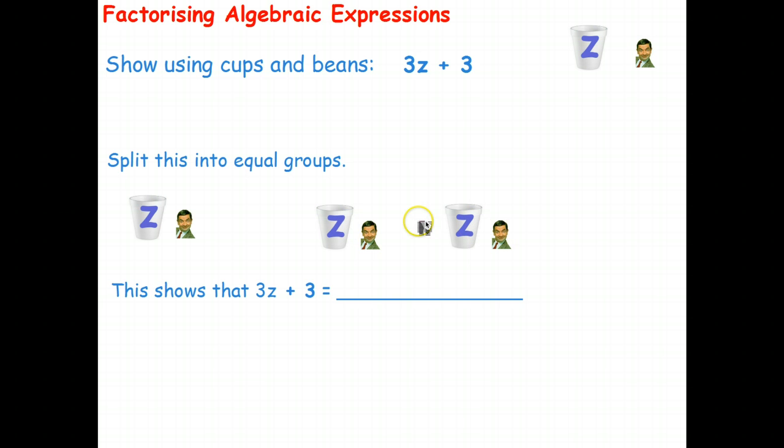So 3z plus 3 can be written as 3 groups, and each group contains 1 cup with z beans plus 1 additional bean. So 3z plus 3 can be rewritten in factored form or factorized form as 3 times, in brackets, z plus 1. Once again, that's called the expanded form, and that's called the factored form or factorized form.